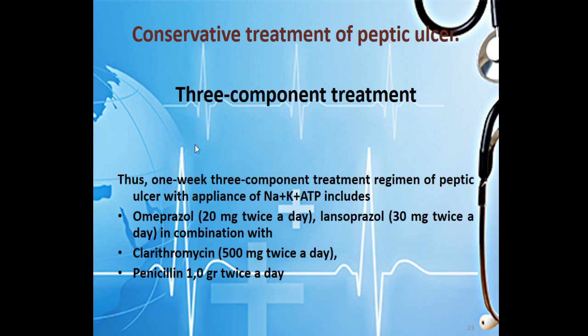For example, omeprazole 20 milligrams twice a day, or lansoprazole 30 milligrams twice a day. And we give two antibiotics to eradicate Helicobacter pylori. First is clarithromycin, half a gram twice a day, and penicillin, 1 gram twice a day.